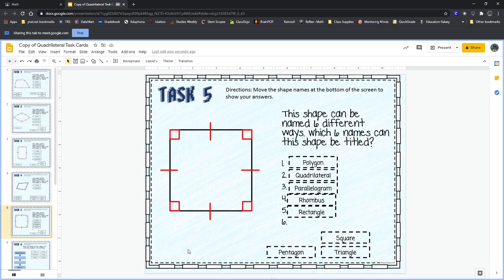And the last name that I could give to this shape is square, because it has all four equal sides, it's got four right angles, and it's got four sides. So this shape I could call a polygon, a quadrilateral, a parallelogram, a rhombus, a rectangle, or a square, because it matches all of those rules.